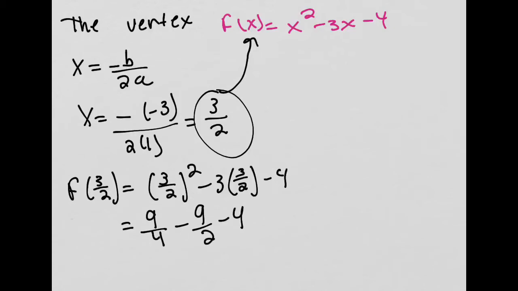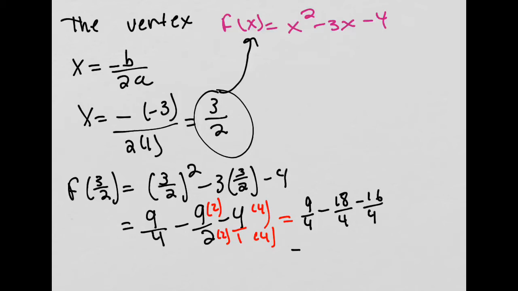In order to add or subtract fractions, you need to find the least common denominator. In this case, the least common denominator between 4, 2, and 1 is 4. Multiply here by 2. Here by 4. So then I have 9 over 4 minus 18 over 4 minus 16 over 4. And then I'm going to do one fraction at a time.